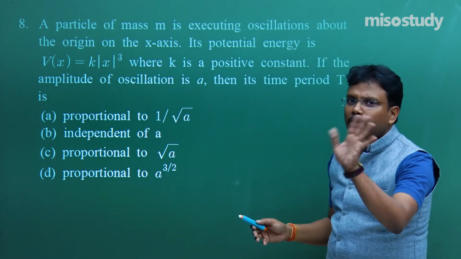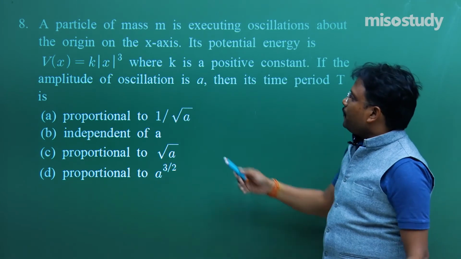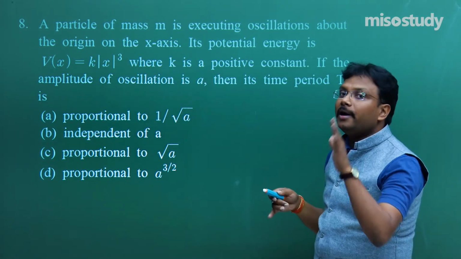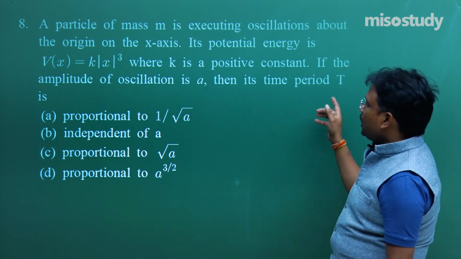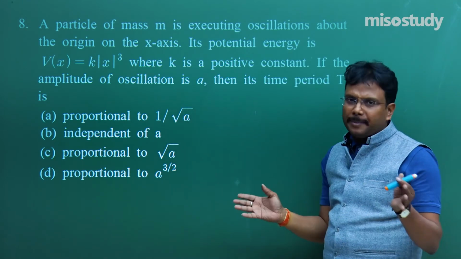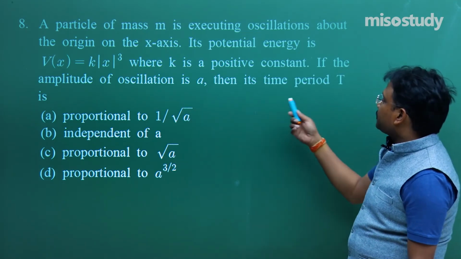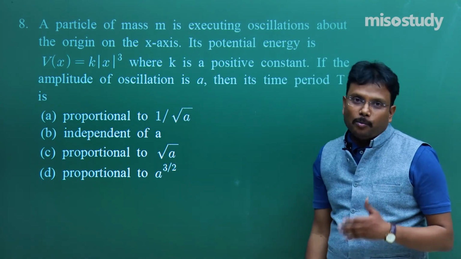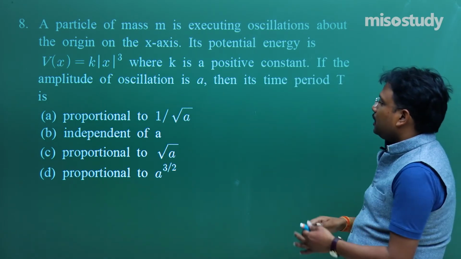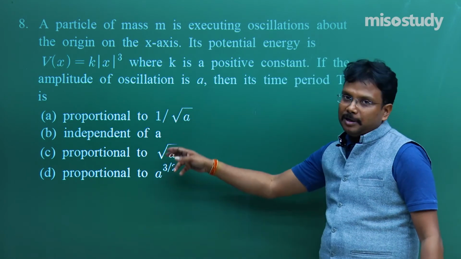Mod means no need to consider the negative term, where k is a positive constant, because it is outside of the mod. So that's why it is important to mention it. If the amplitude of oscillation is A, small a, capital A, doesn't matter, then its time period T is how much? So you have to find the time period in terms of amplitude.